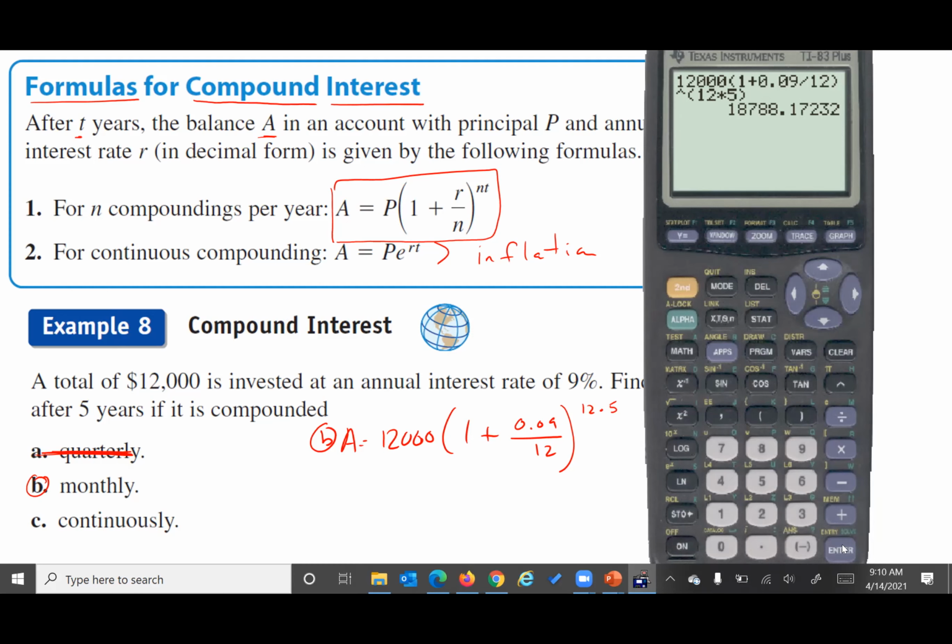Mine rounded to the first decimal. Okay, Dylan, question. Dylan's question is, where did the 12 for the denominator come from? Came from us compounding it monthly.